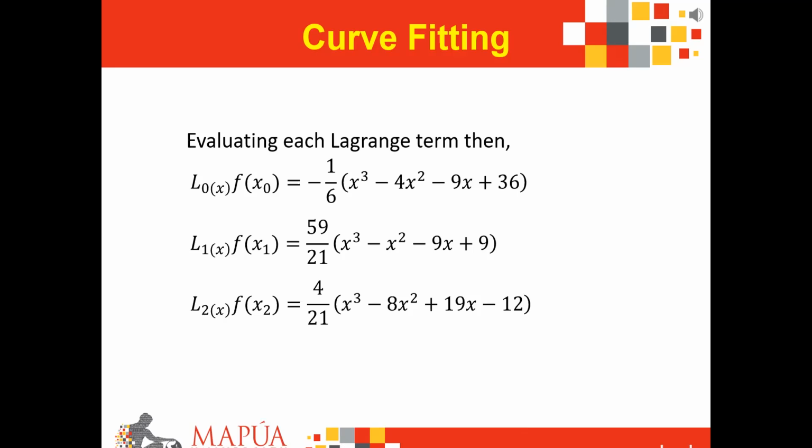Your simplified L2 of x multiplied to fx2 would simply mean 4/21 multiplied with x cubed minus 8x squared plus 19x minus 12. And your simplified L3 of x fx3 is equivalent to -11/6 multiplied to x cubed minus 2x squared minus 11x plus 12.